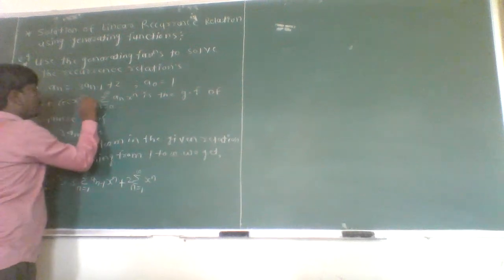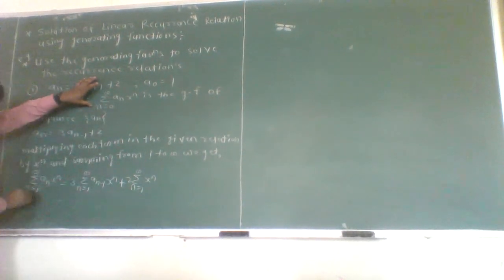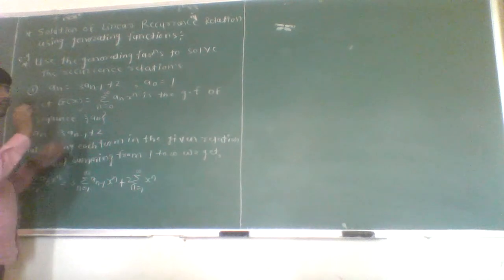So this includes one term less than g(x). Here a_0 is not present since here n is running from 0 to infinity and here from 1 to infinity. Which term is missing? a_0.